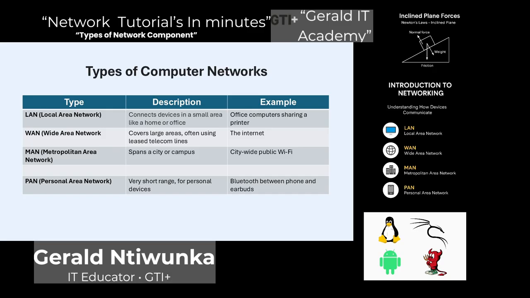We have MAN, metropolitan area network, and PAN, personal area network. We are going to talk about them one after the other. Meanwhile, read the descriptions and the examples of these 4 networks. These are the major types. We have a lot of them.